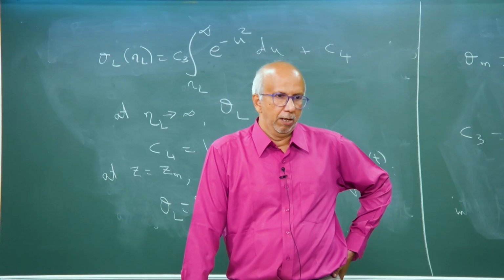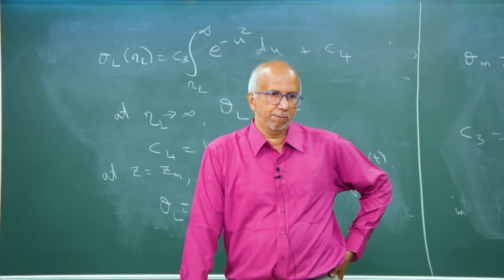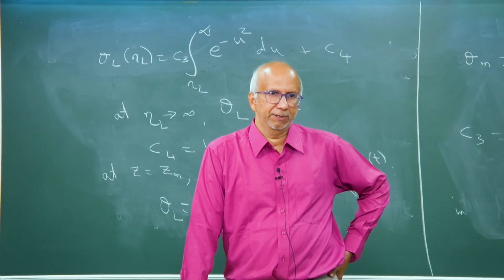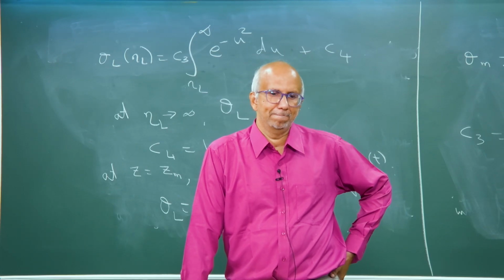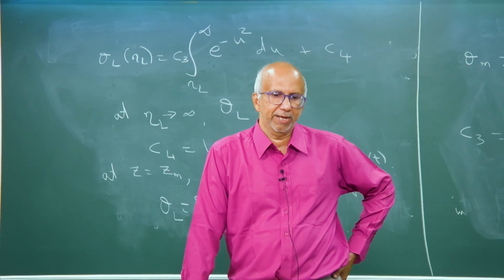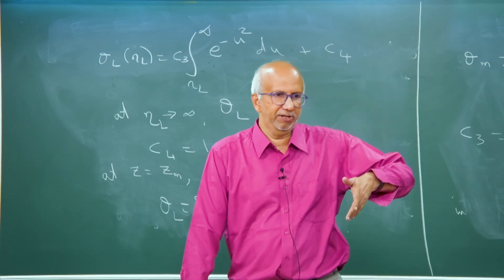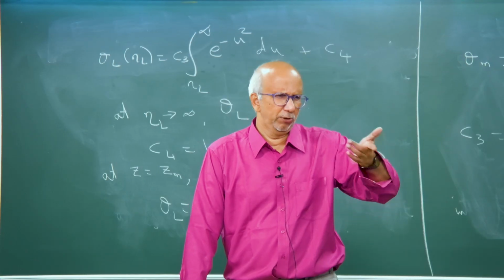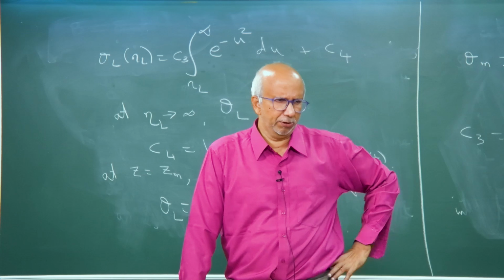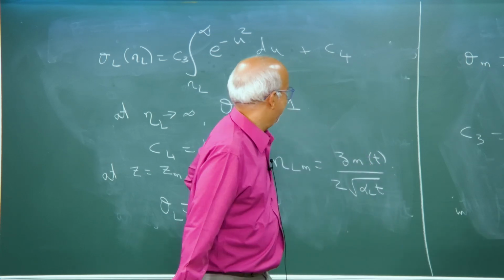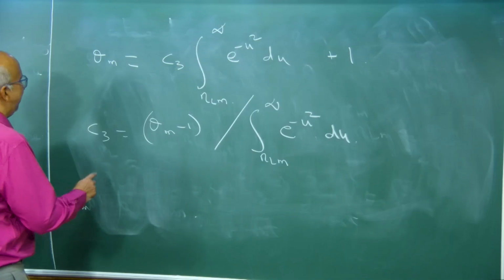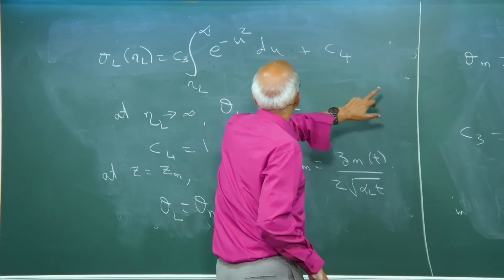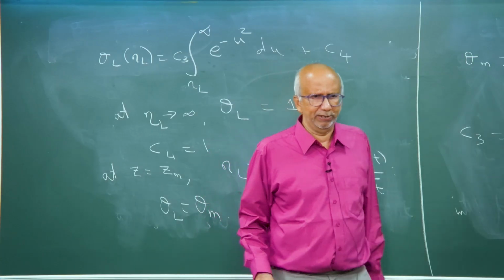So, it looks like I have solved the problem, right? I found theta L and theta S, how the temperature varies, because I know the constants and you can substitute them. Error function is something you can go to one of the software packages and plot. So, theta L is this; you substitute for C3 and C4 here. I am not going to keep rewriting the equation.